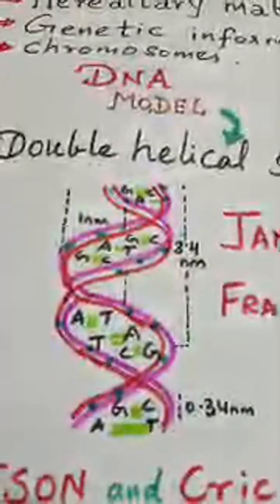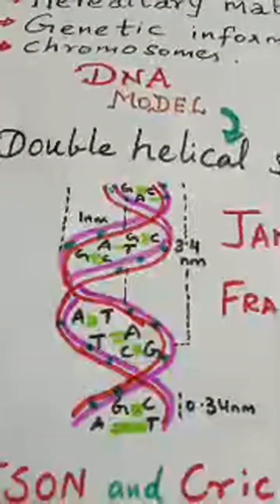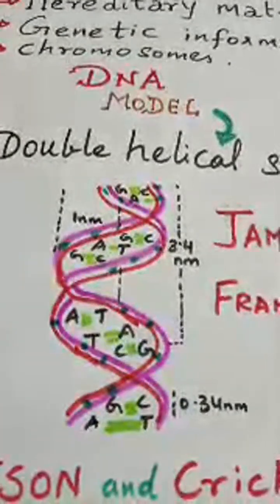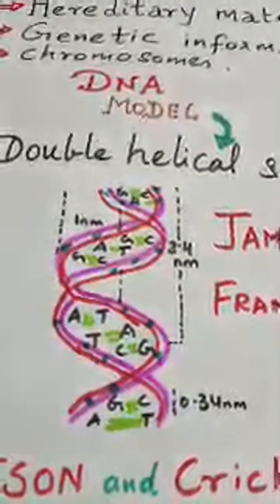It is an acid because it has phosphoric acid in it. This phosphoric acid is in the form of phosphate in DNA.